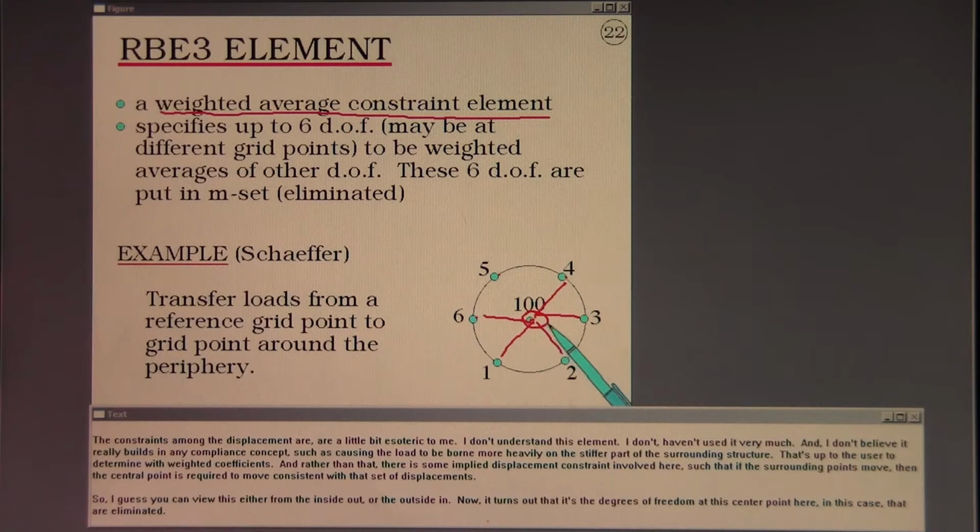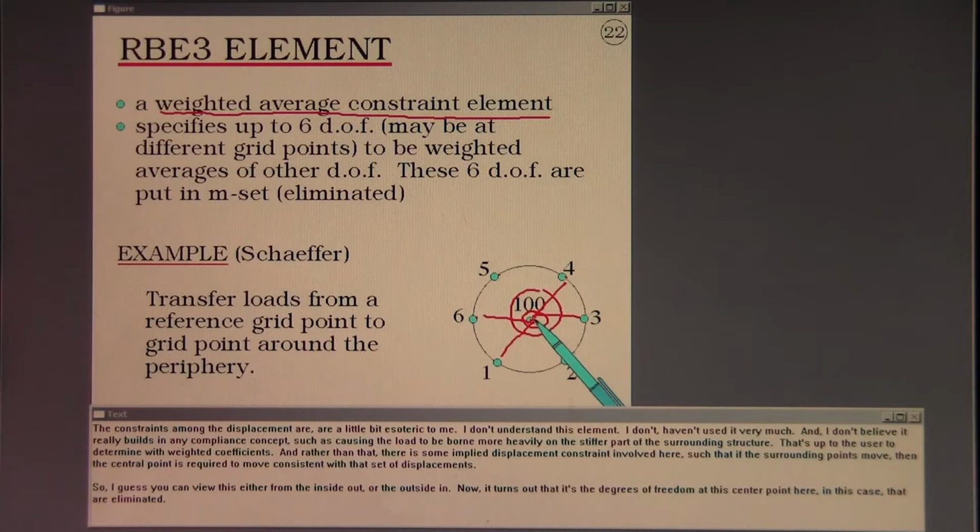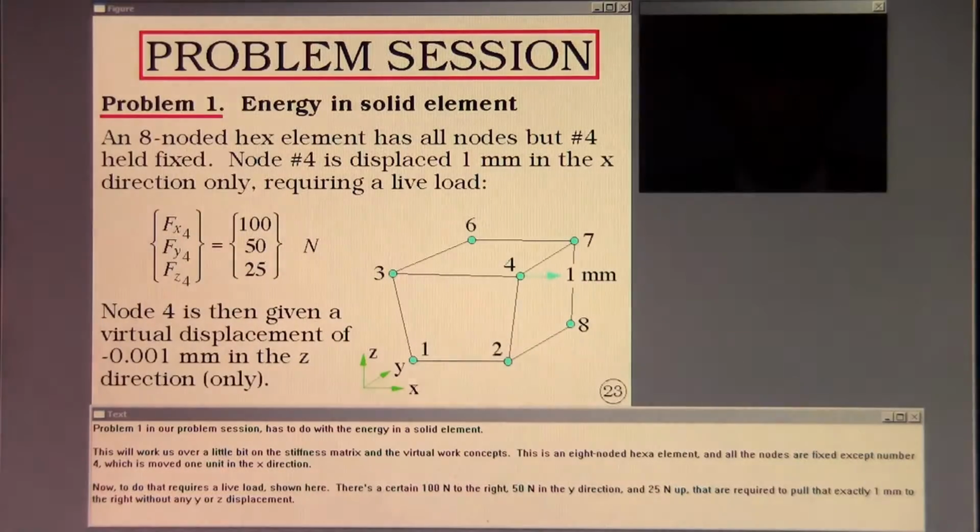And rather than that, there is some implied displacement constraint involved here, such that if the surrounding points move, then the central point is required to move consistent with that set of displacements. So I guess you can view this either from the inside out or the outside in. Now, it turns out that it's the degrees of freedom at this center point here, in this case, that are eliminated.